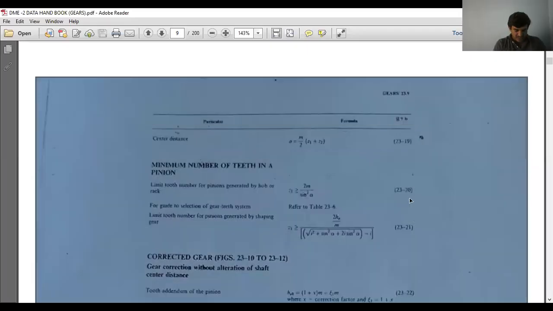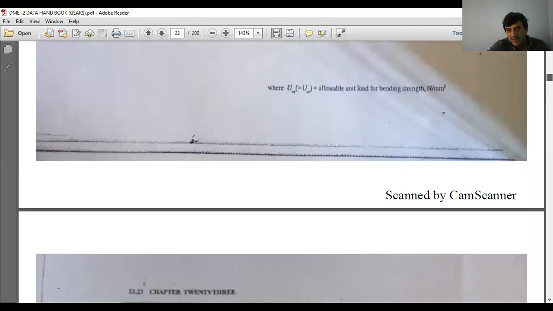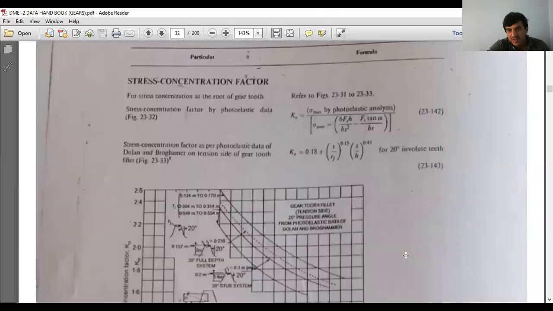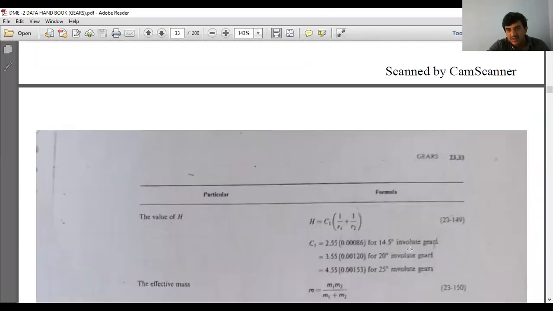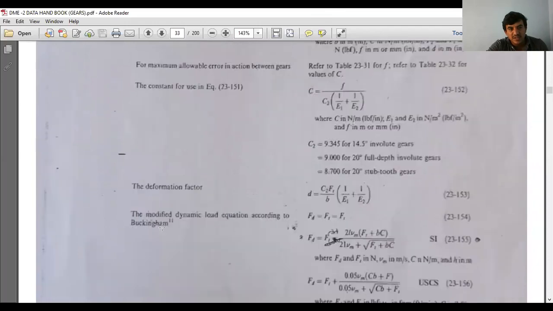This was the dynamic tooth load, equation number 23.155. Now see this.